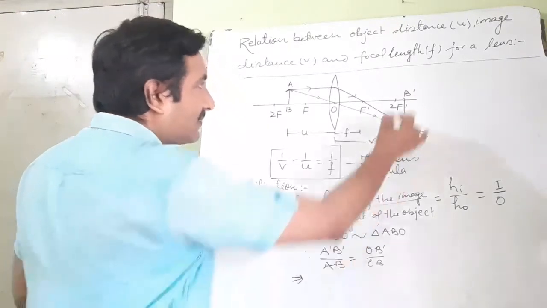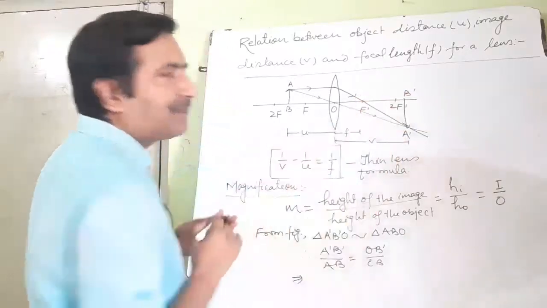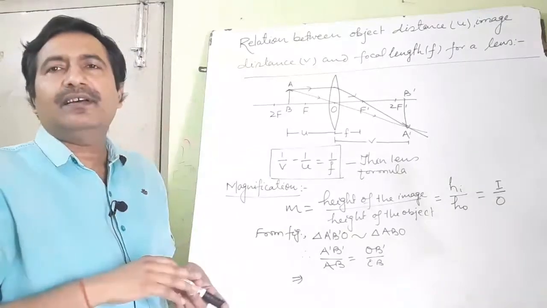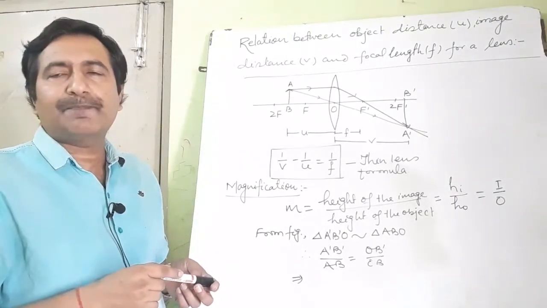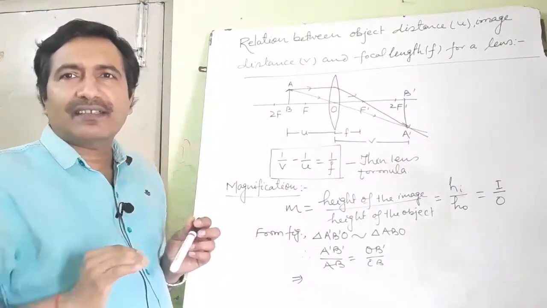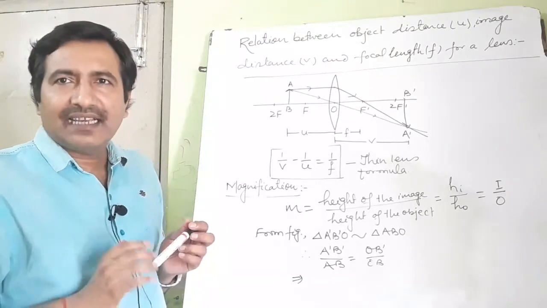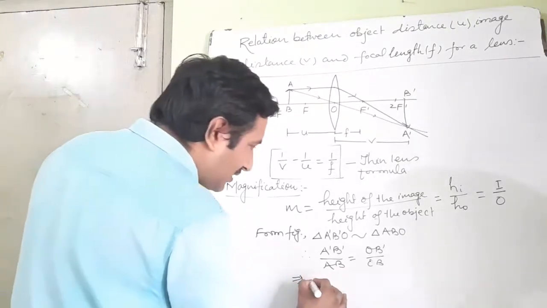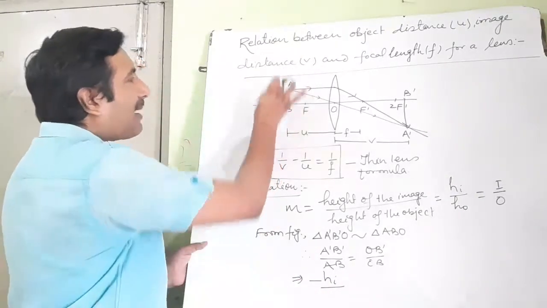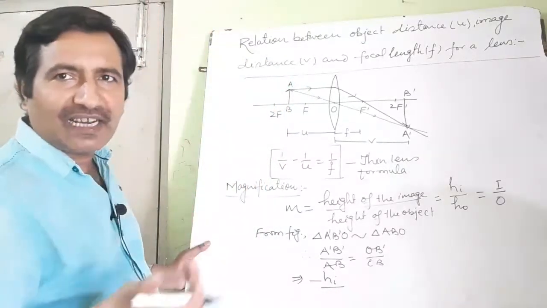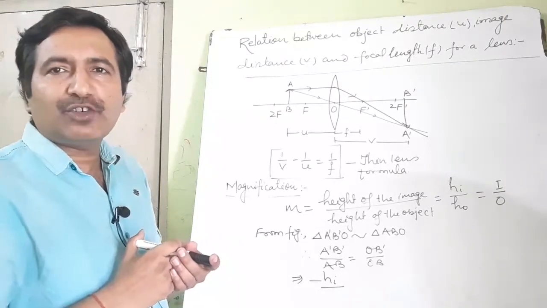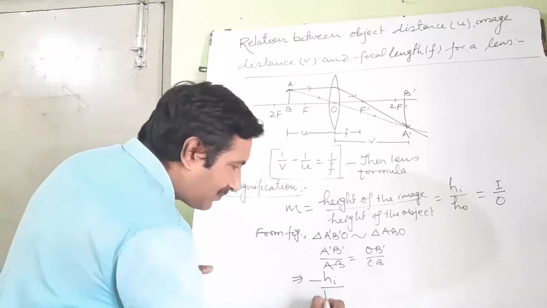You see A dash B dash, this is just below the principal axis, and you know the distances measured downwards from the principal axis are negative, so this is negative, and this is image, so its size can be written as hi with negative sign, so this is minus hi by AB. You see this is above the principal axis, upwards from the principal axis, which is positive, and it is the size of an object, so it will be denoted by ho with positive sign, means ho.